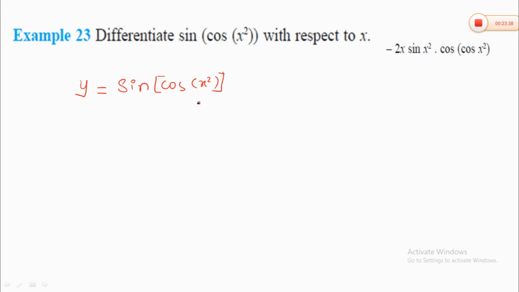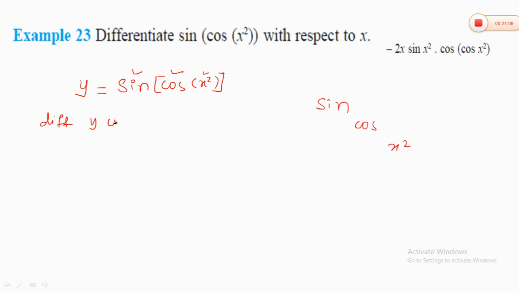To differentiate this composite function, first we come across sine, keep all those things. After sine, differentiate cos, keep the other things as it is. Then go to differentiate x square. Yes, sine, then cos, then x square. So simple it is.